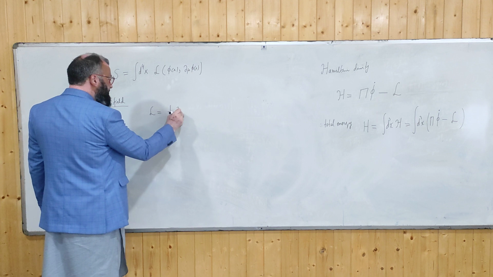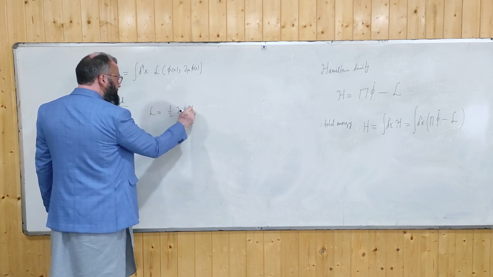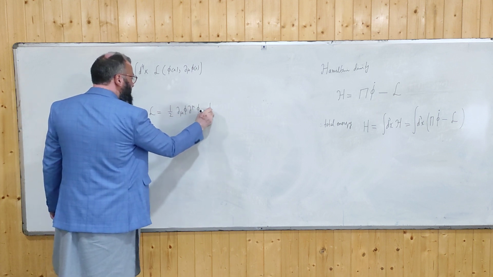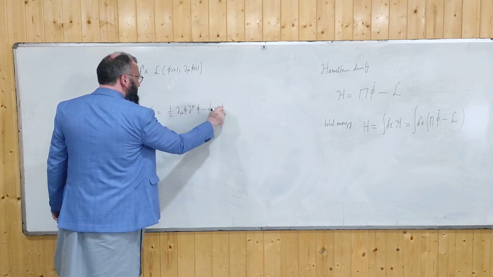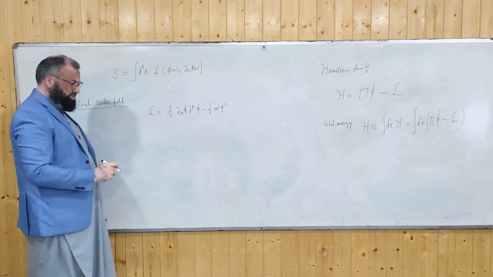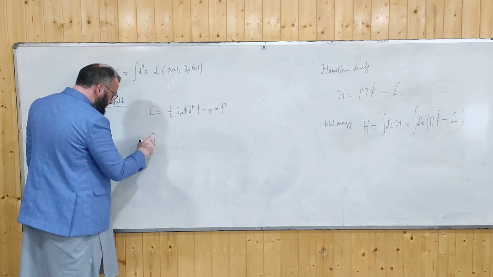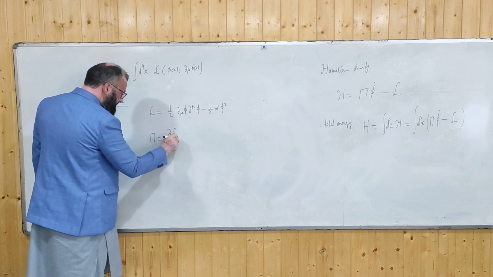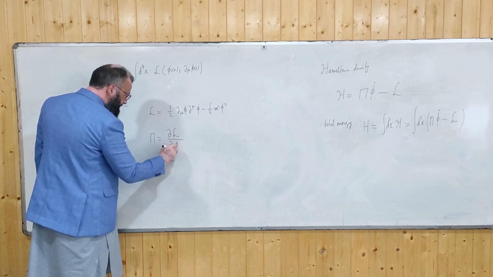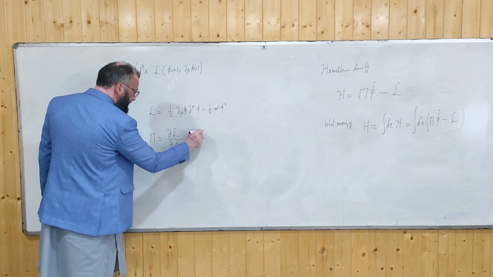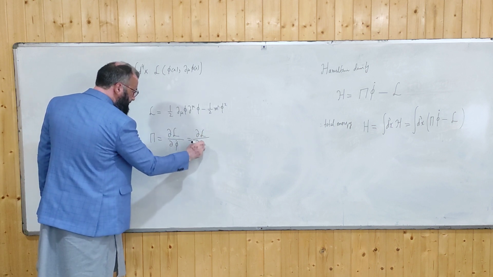Half of partial mu phi partial mu phi, yesterday we wrote it, minus half of m square phi square. So now let's write the canonical momentum pi. What will it be? Partial L by partial phi dot, or partial L by partial partial 0 phi.